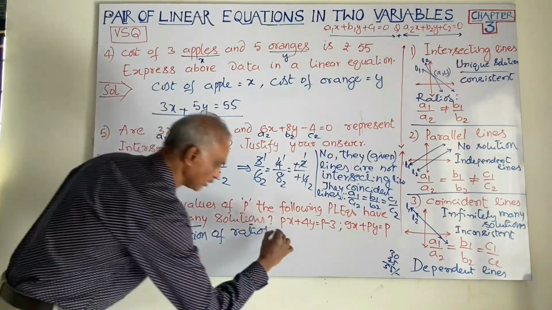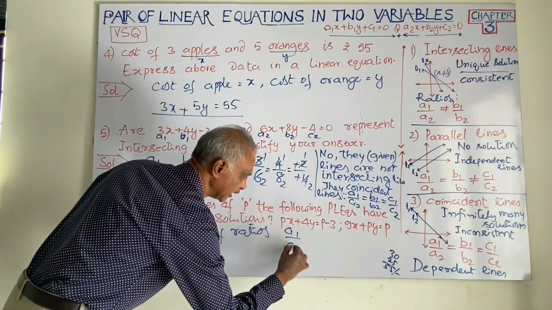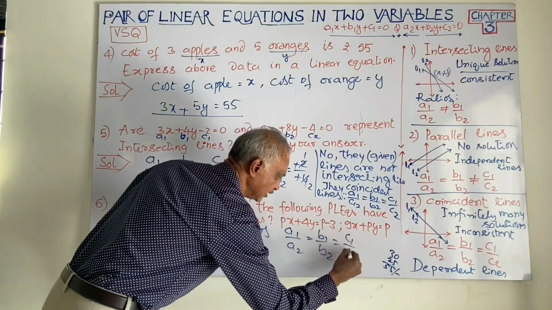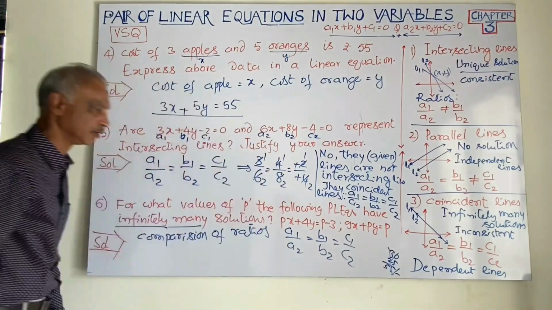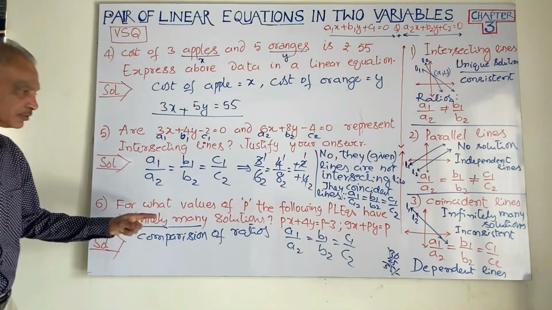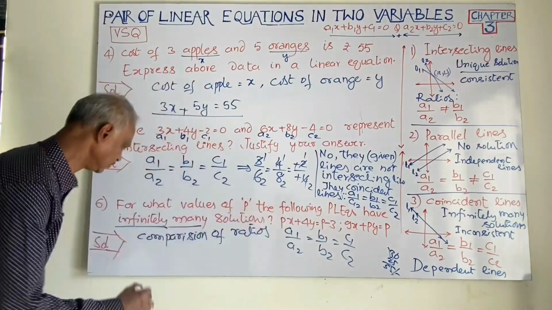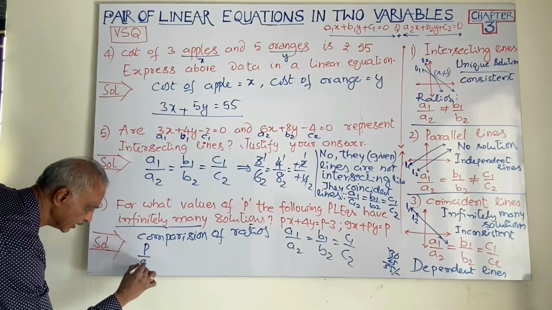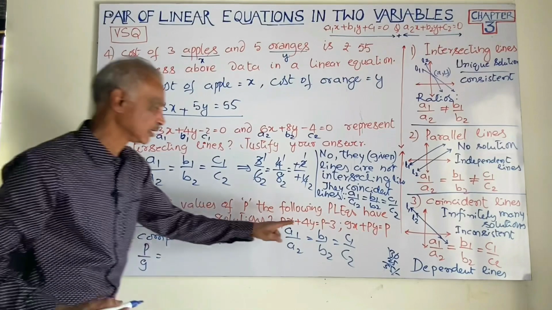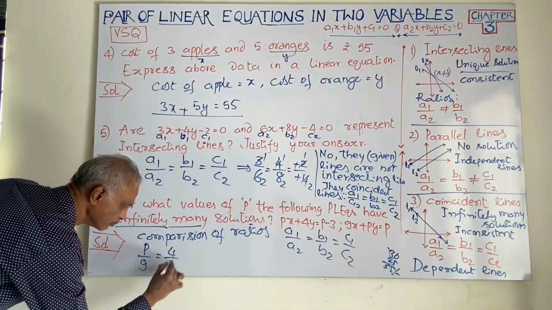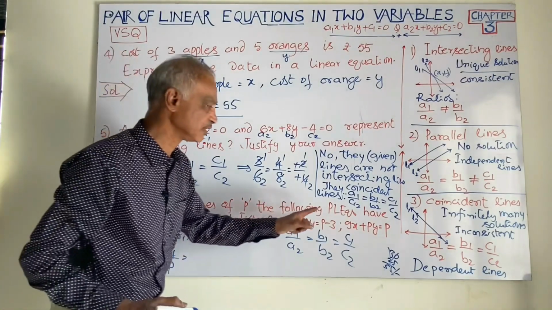What is the ratio we have? A1 by A2 is equal to B1 by B2 is equal to C1 by C2. Now see, what is A1 by A2? This is A1 and this is A2. P by 9 is equal to 4 by P is equal to C1 by C2.